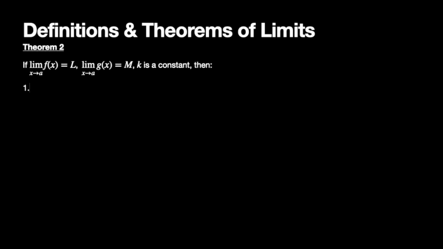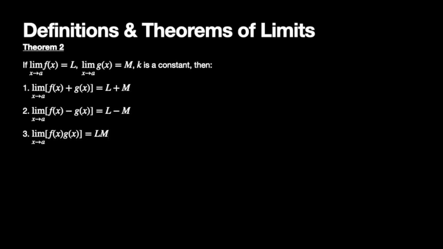The limit of f of x plus g of x equals L plus m. 2. The limit of f of x minus g of x equals L minus m. 3. The limit of f of x times g of x equals L times m. 4. The limit of a constant times f of x equals the constant times L. 5. The limit of f of x divided by g of x equals L divided by m, if m does not equal 0.